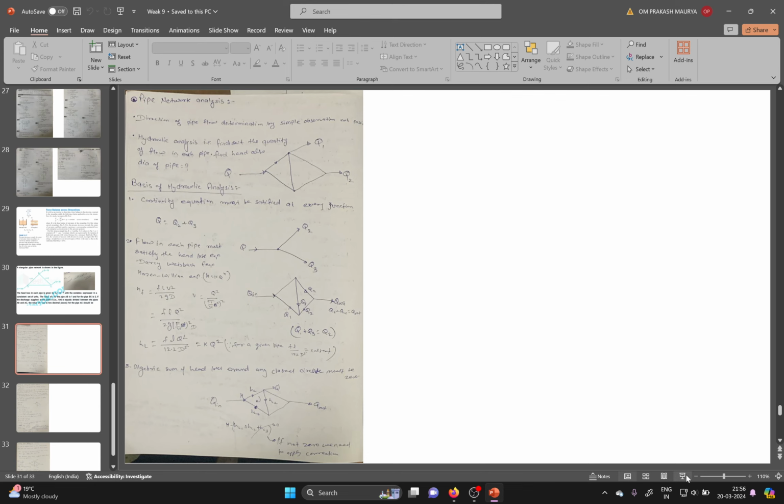So let me put it in full view mode. In pipe network analysis, what will we do? We have lots of methods, but here we are going to use the Hardy-Cross method for solving the pipe network.